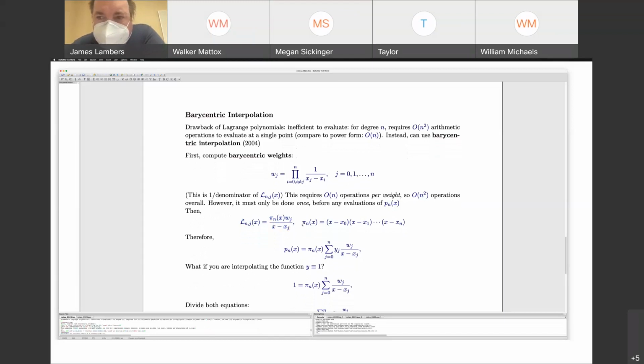So if I define pi n of x to be this product of x minus each of the interpolation points, so there are n plus 1 factors overall, then I can write the Lagrange polynomial as this product, but then I divide out x minus xj, so it cancels with the x minus xj in here, and then I include the weight. So this formula is equivalent to the Lagrange polynomial formula that I showed you earlier.